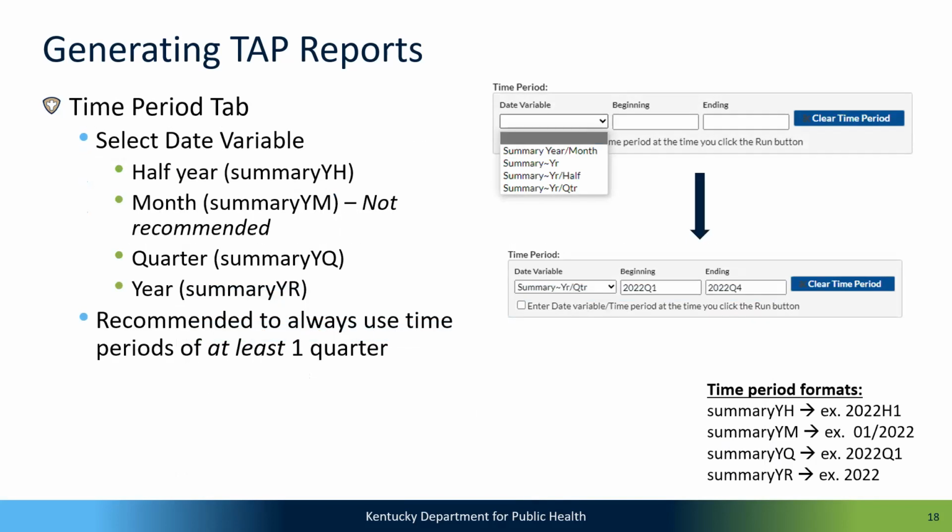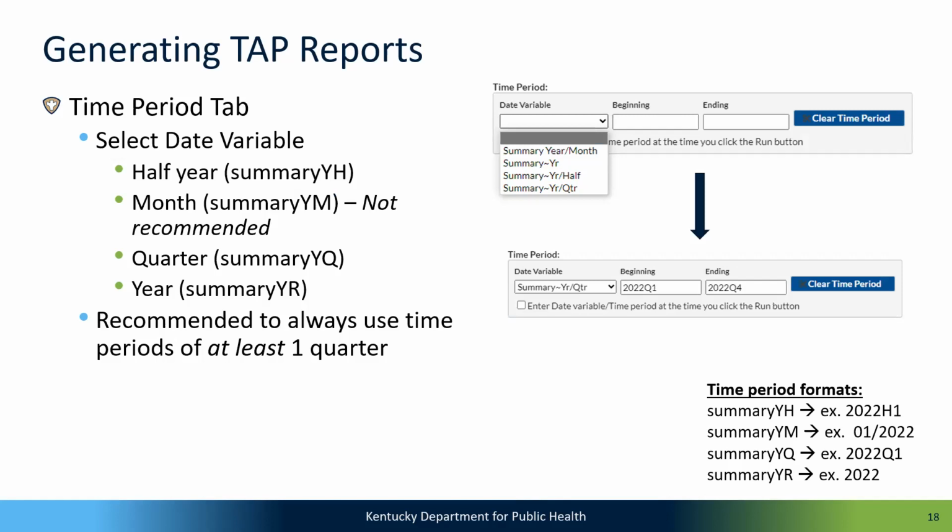Moving on into the next tab, we have the time period tab, which allows you to select the date variable that you would like to go based off of. So we have half year by month, although as we had previously mentioned, this is really not recommended by CDC to do by month, but rather at least by 1 quarter's worth of data.